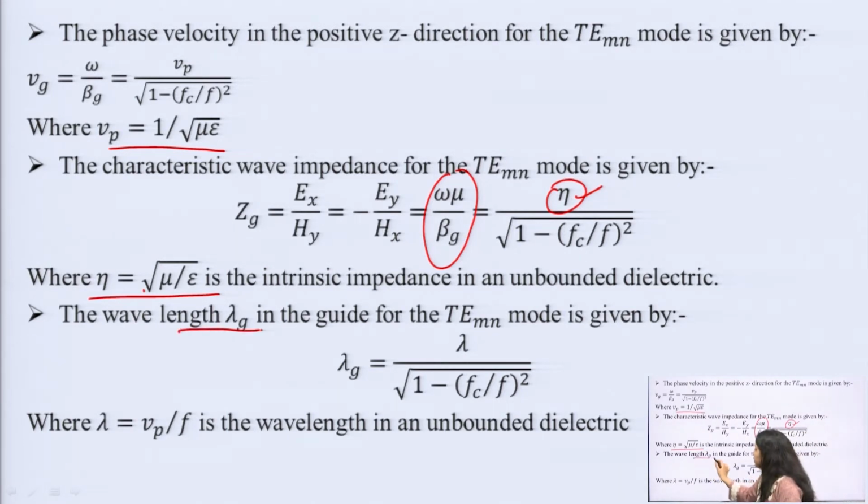The wavelength lambda g in the guide is given by lambda upon under root 1 minus (Fc by f) whole square. So, these are the common formulas or terms which always get encountered in the case of a rectangular waveguide. This is the expression for the TE mode.